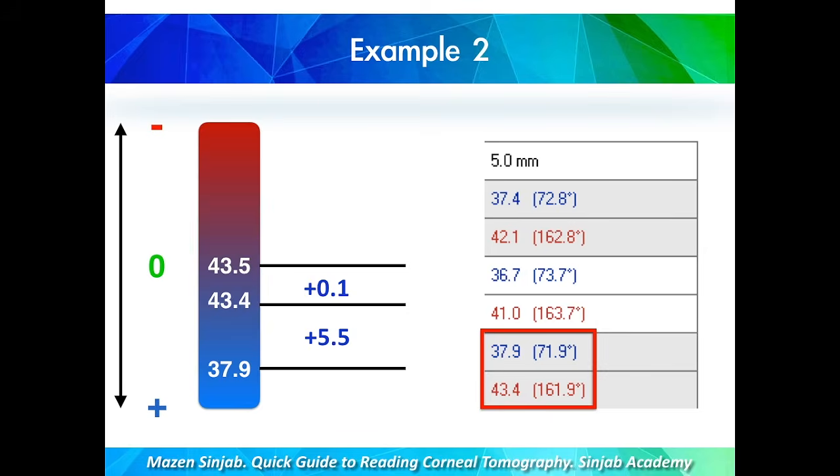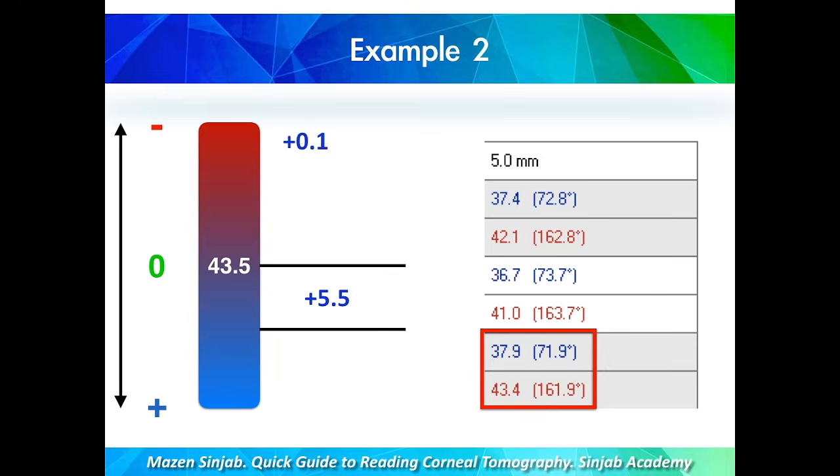Example number 2, this is a pellucid marginal degeneration case. The patient has K1 37.9, K2 43.4. The difference between the K2 and the average K is plus 0.1, and the difference between K1 and K2 is plus 5.5 diopters. I will imagine that I'm going to treat this patient by plus 0.1 and then by plus 5.5 for astigmatism.